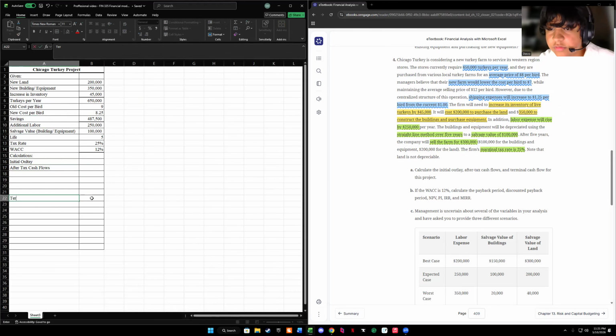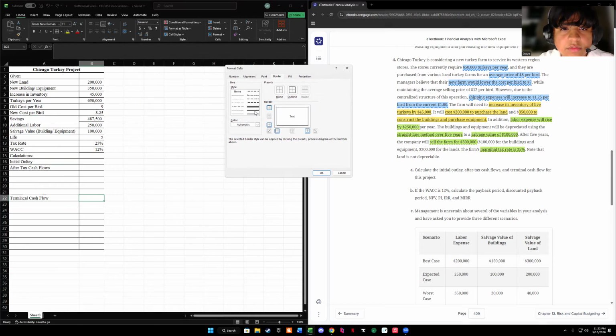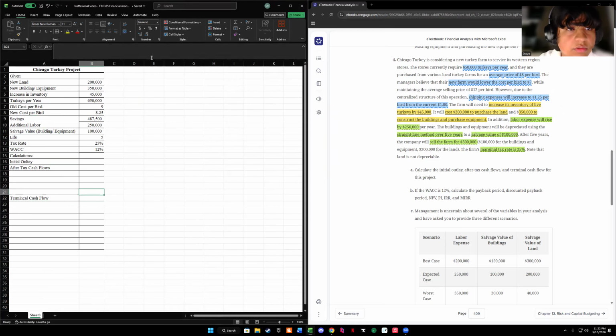And then we're going to do terminal cash flow, which is really easy to get. All right. And then after that, I'm just going to divide this. Well, honestly, I should. It's over here.